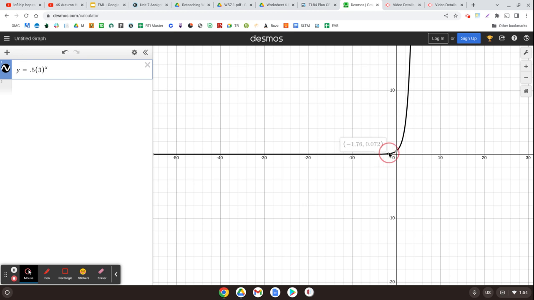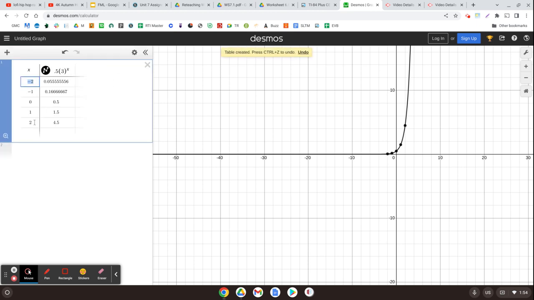And I'll have to explain that to you guys when you have a little bit more time to look at it deeply. Also, if I put in a 10, it's not like it doesn't exist. If I go to my table again, if I change this to 10, we have an answer. It's just huge. 29,524.5. Okay, if I put in a 20, look how much bigger it gets. Now we're talking about on the level of trillions.